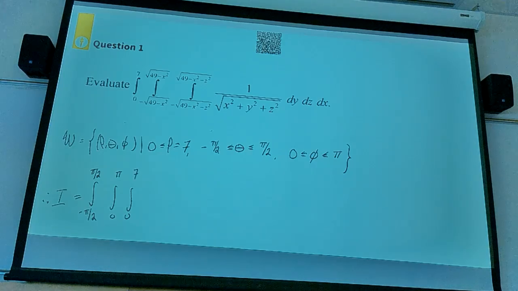The customary order, d rho, d phi, d theta, sorry. So innermost is rho, middle would be phi, outermost would be theta. Convert the integrand into spherical coordinates.